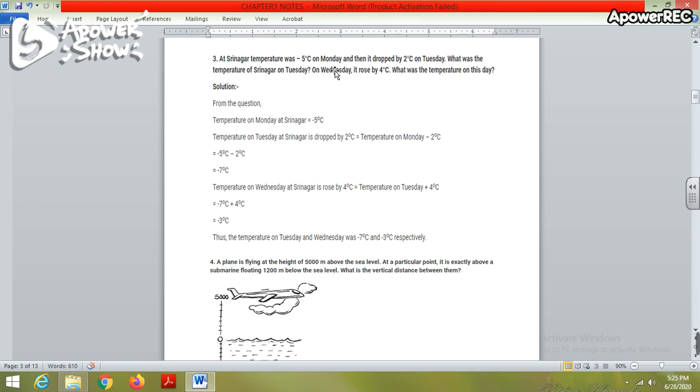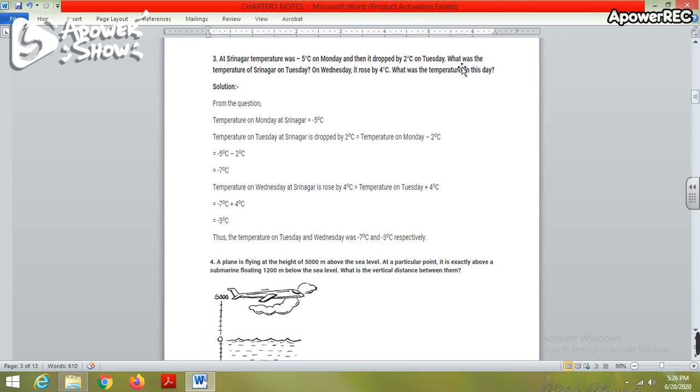So after dropping, the temperature of Srinagar on Tuesday equals -5 -2. Since the temperature dropped, we have to subtract 2 from -5. So the temperature on Tuesday at Srinagar equals -5 -2, which equals -7 degrees Celsius.